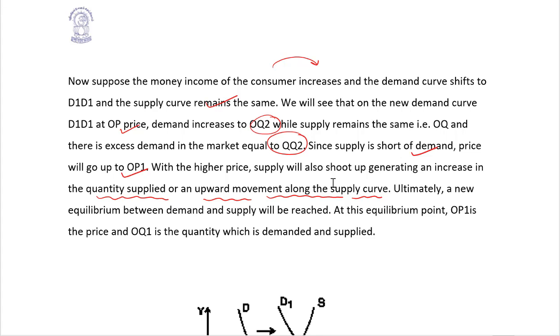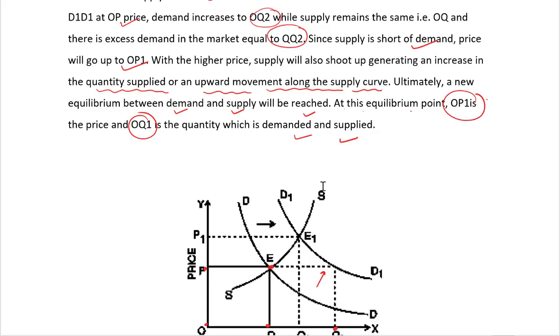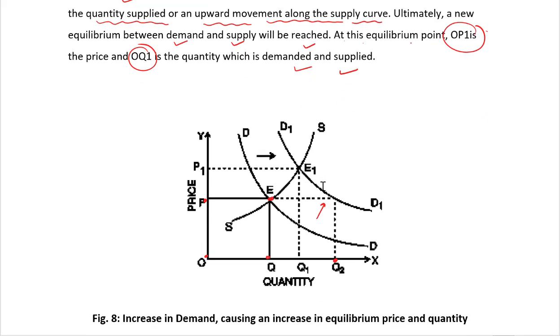Ultimately, a new equilibrium between demand and supply will be reached. At this equilibrium, OP1 is the price and OQ1 is the quantity which is demanded and supplied. You can see over here, OP is the price and OQ is the quantity. At E it is the equilibrium. With the same price there is an increased demand, and the new demand is D1.